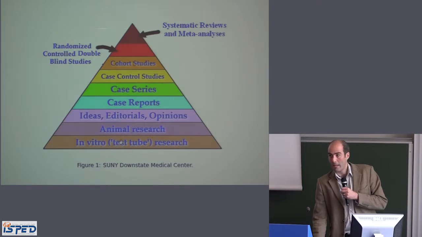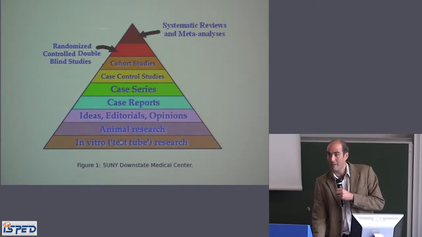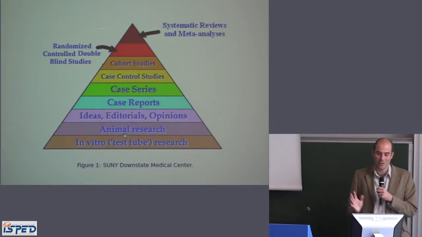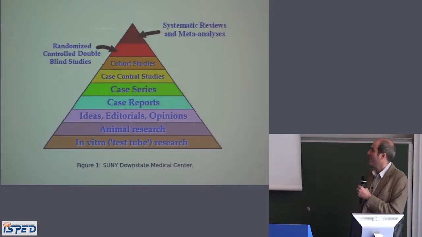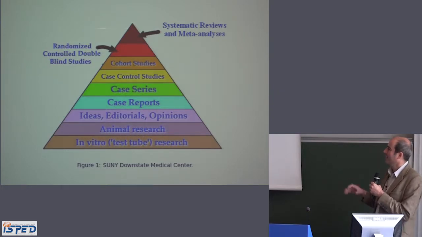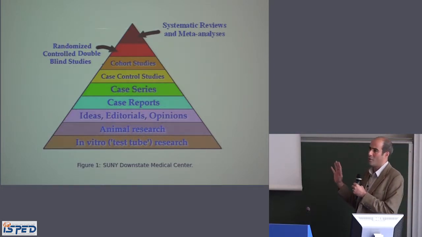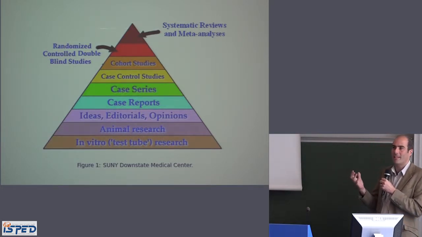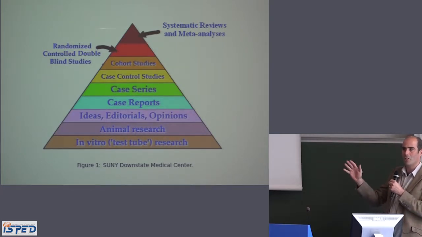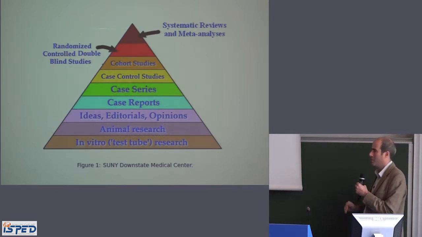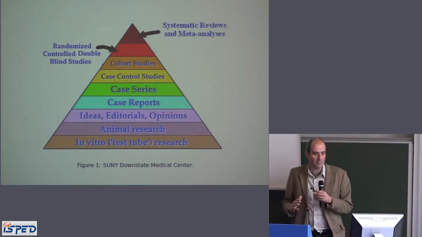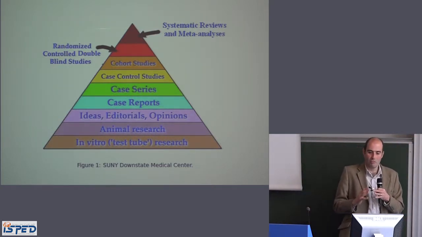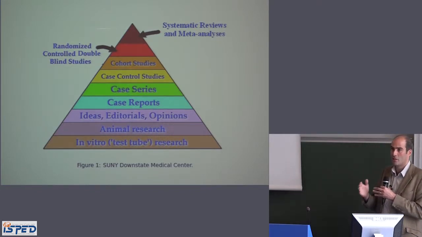And then your bench research, your mechanistic studies, are even lower than opinions in the view of mainstream EBM and sit right at the bottom of the hierarchy. And this isn't just one; it tends to be the case that any hierarchies that do mention mechanisms put mechanisms at the bottom of the hierarchy.